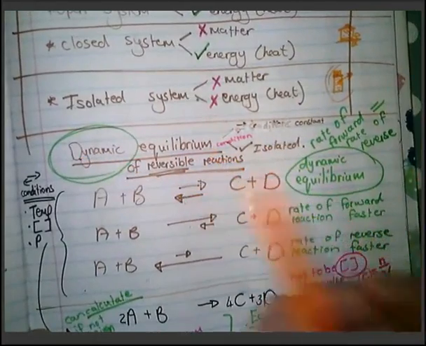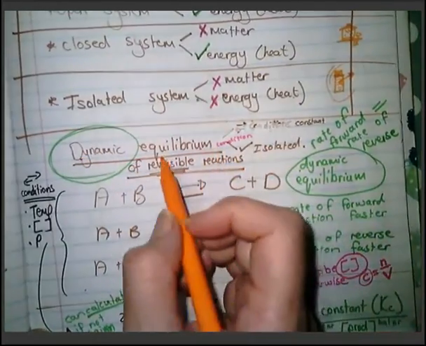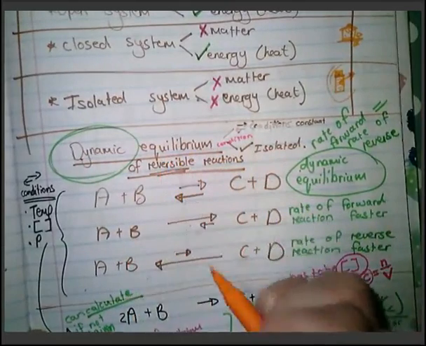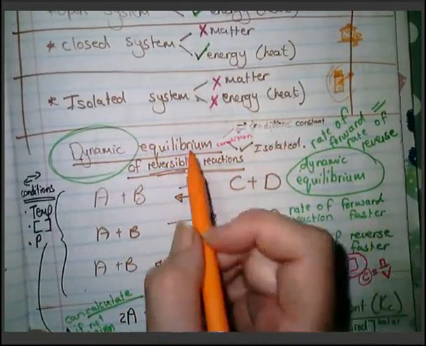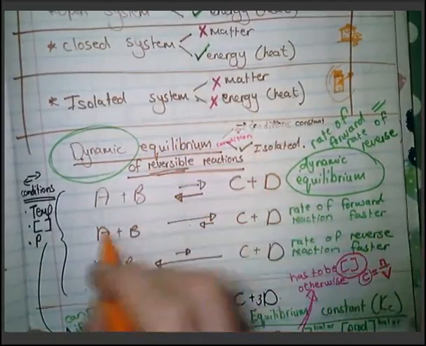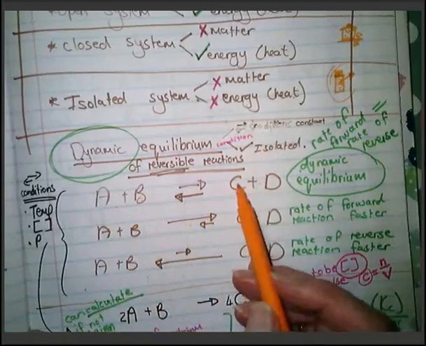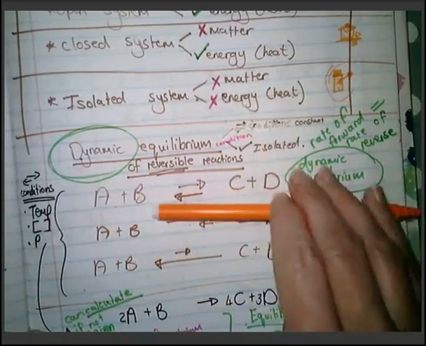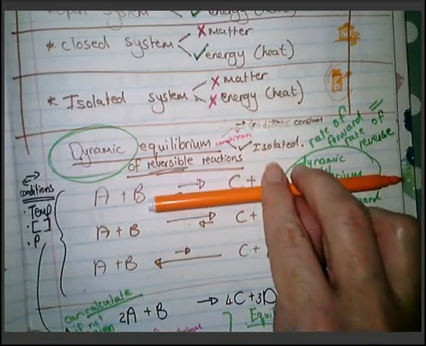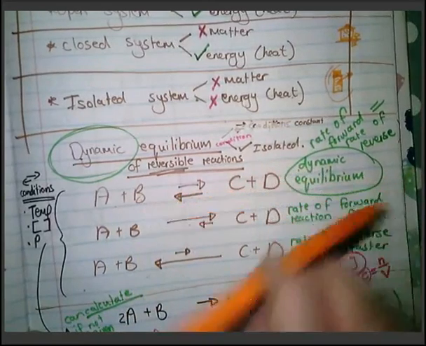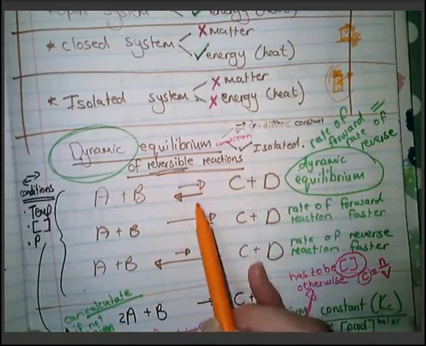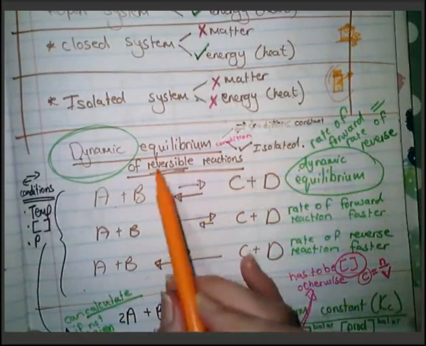Then dynamic equilibrium. Equilibrium means that in certain reactions, if you have A and B that react to form C and D, that reaction can only go in one direction. But other reactions are what we call reversible reactions.